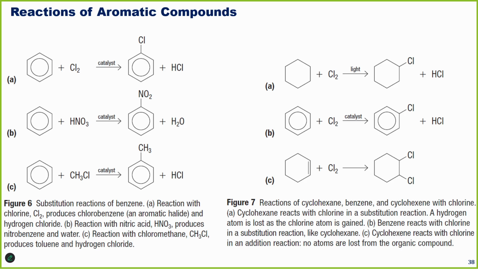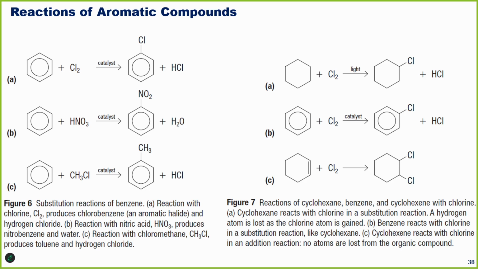C, reaction with chloromethane, CH3Cl, produces toluene and hydrogen chloride. Substitution reactions are the characteristic of saturated hydrocarbons, and addition reactions are characteristic of unsaturated ones.